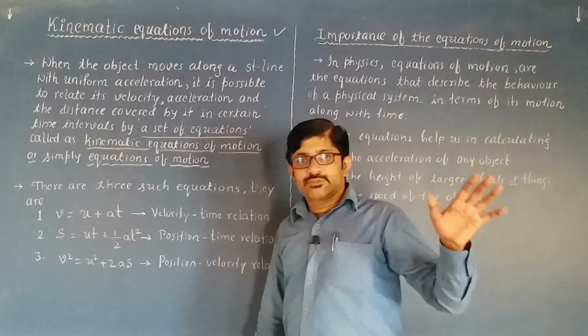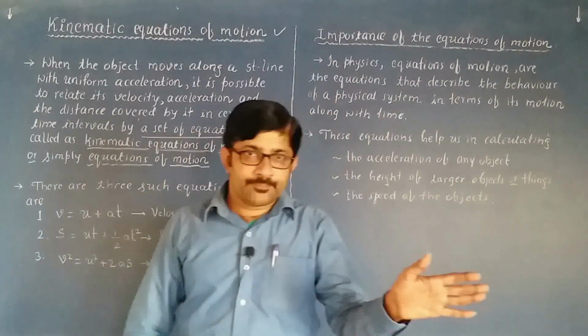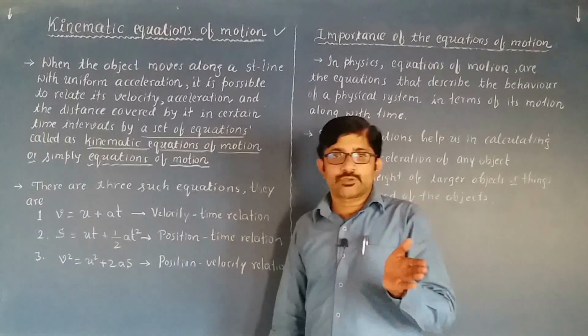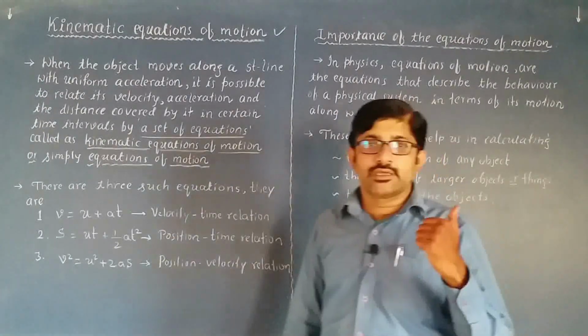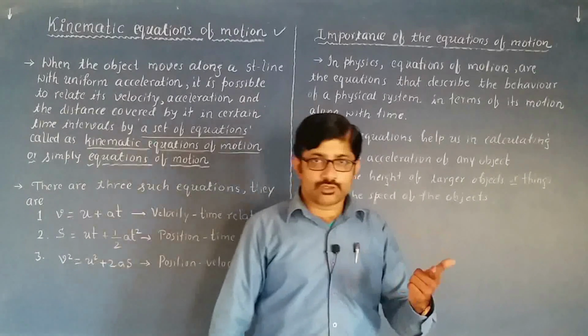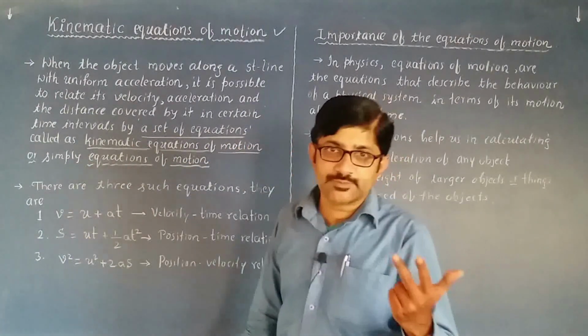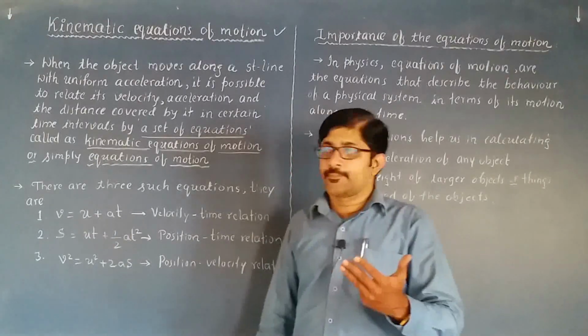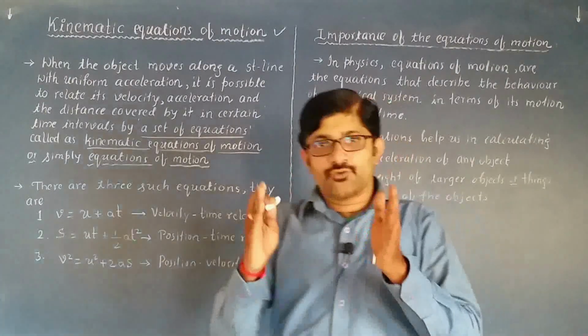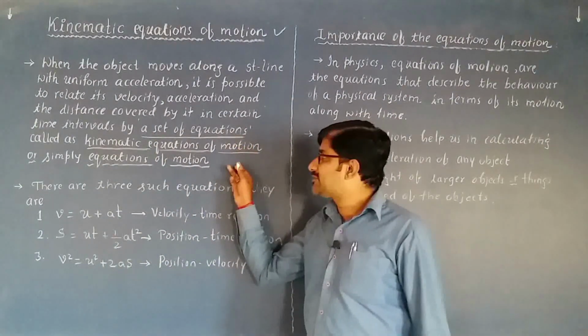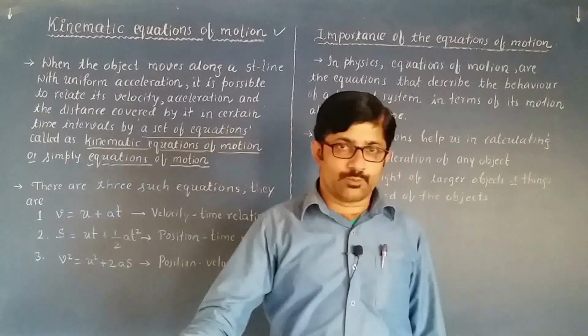So, when the object is in a straight line with uniform acceleration, it is possible to calculate the acceleration, velocity, the distance traveled by the object, or you may take displacement, along with the time, by a set of relations called kinematic equations of motion.